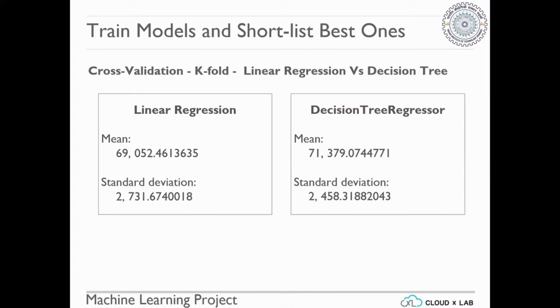So depending upon our problem, depending upon what number we are predicting, the error may vary. That's why we will not directly say that this much error is good or not good. It depends on what type of problem we are solving and what type of variable we are predicting, right?